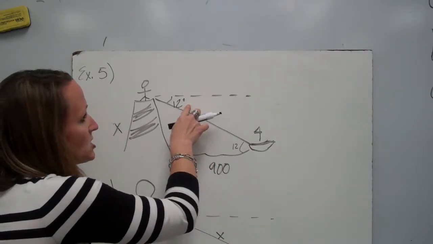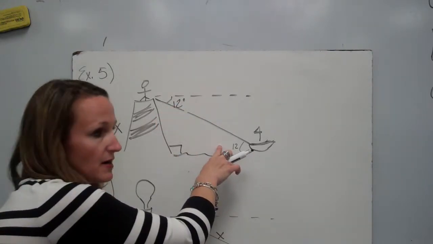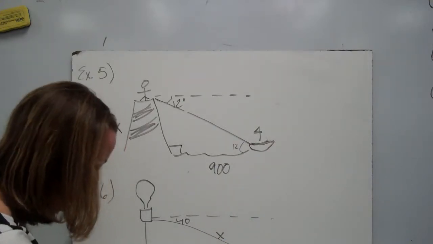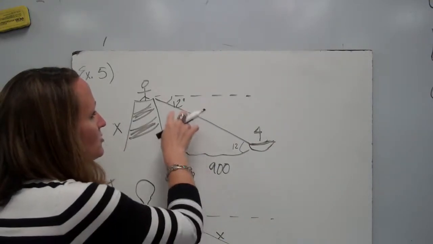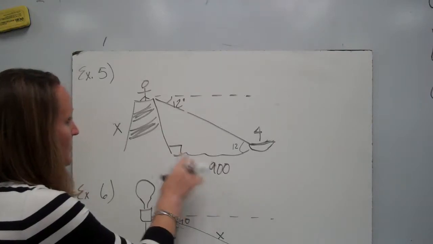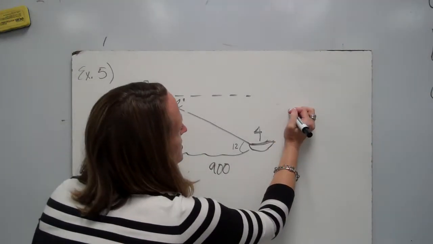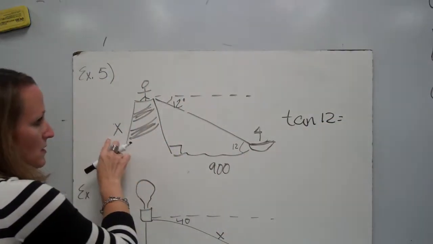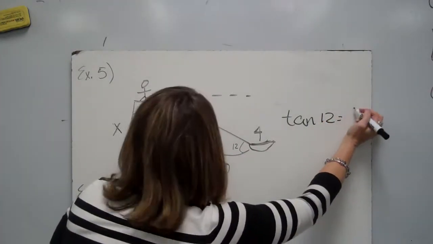If my angle of depression is 12, then this alternate interior angle is 12. This is my boat. That's not a fort, it's a sail. So again, I don't know my hypotenuse, but I know a base and a height, so I'm looking at tangent. So I'm going to say tangent of 12 equals opposite over adjacent.